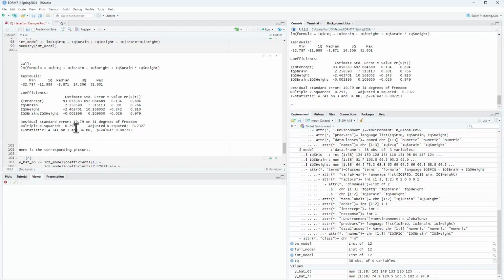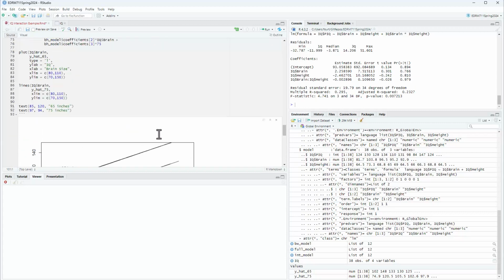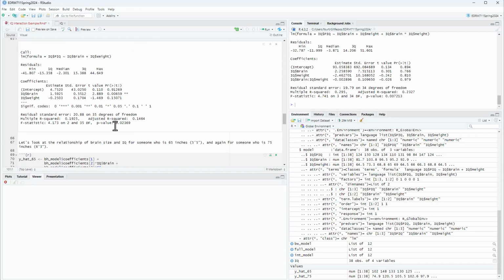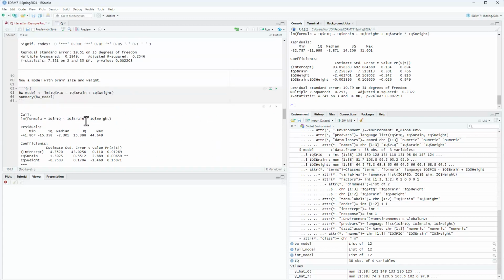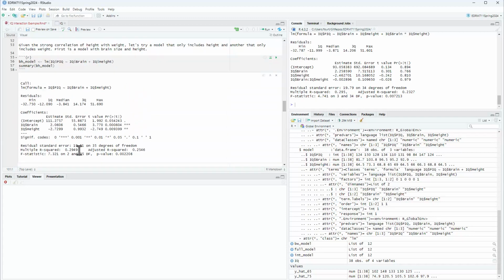So even though my multiple r squared did not drop, because it will not drop, the multiple r squared is going to only increase whenever you add variables. So it's 0.295, and let's see what it was back up here. It was 0.2949, so barely changed. Look by contrast at the adjusted r squared.